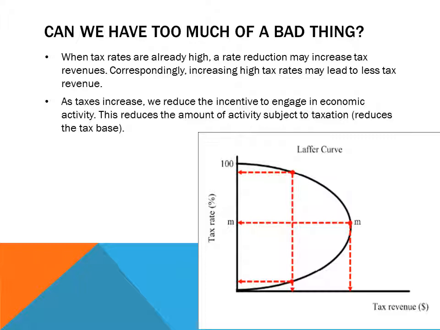But as we increase the tax rate, slowly the government will be able to increase that tax revenue. However, beyond a certain point M, the incentive for productive activity, that is starting new businesses or earning additional income, is largely reduced. And with a tax rate of 100%, there's no incentive for people to earn additional income.